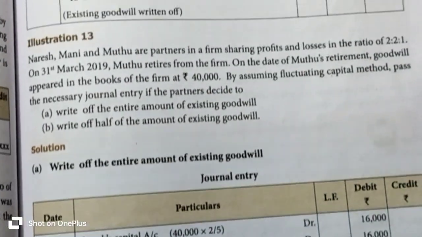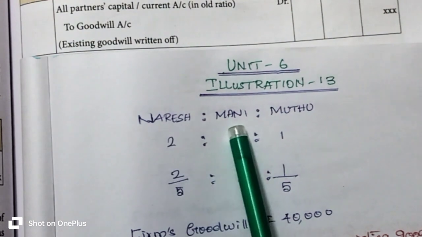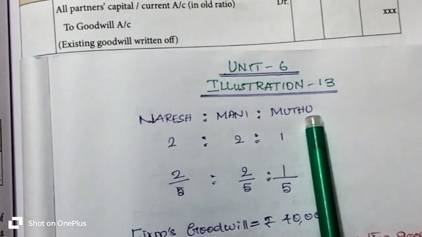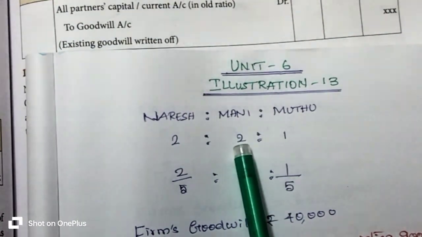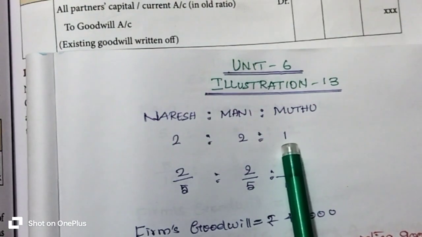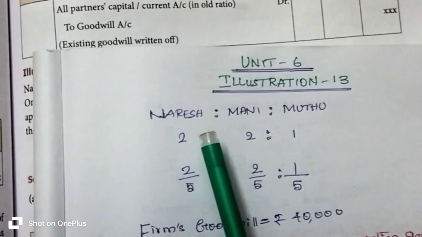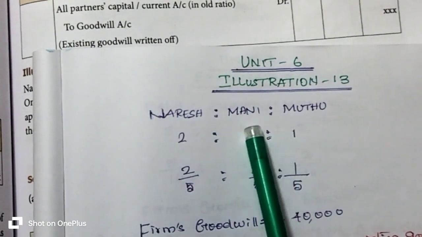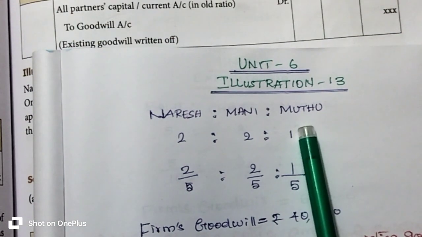Naresh, Mani and Muthu are three partners. Naresh's profit sharing ratio is 2, Mani's is 2, Muthu's is 1. So 2 plus 2 plus 1 is 5. So 2/5 goes to Naresh, 2/5 to Mani and 1/5 to Muthu.